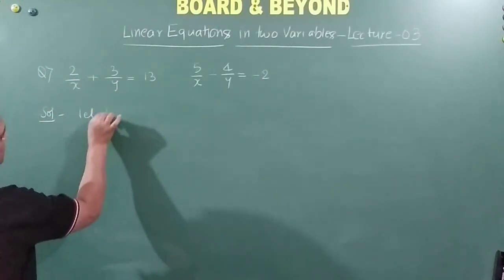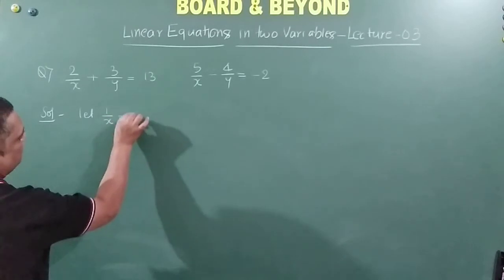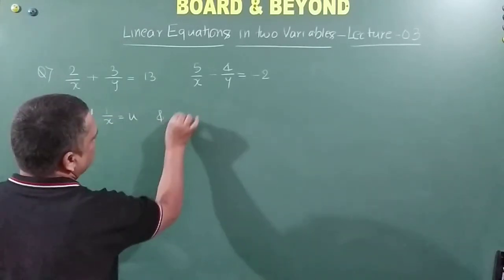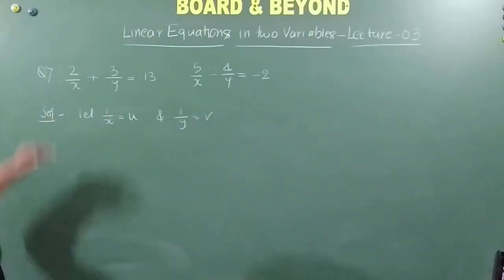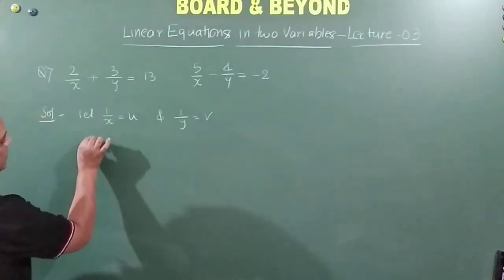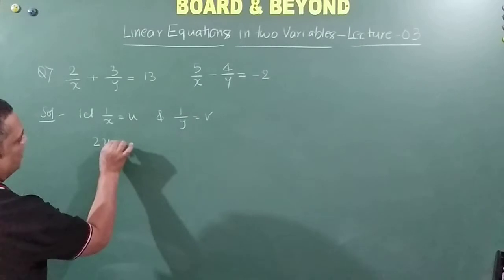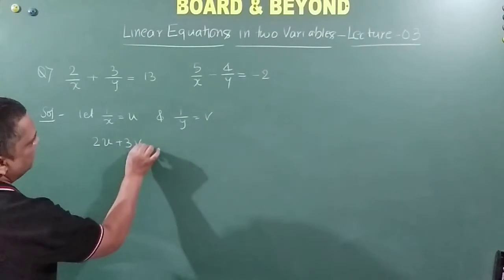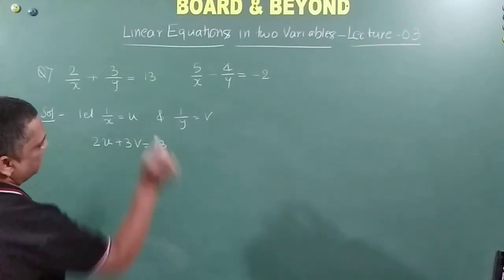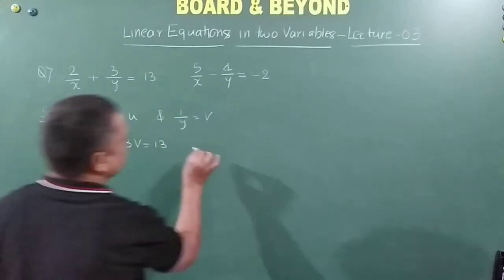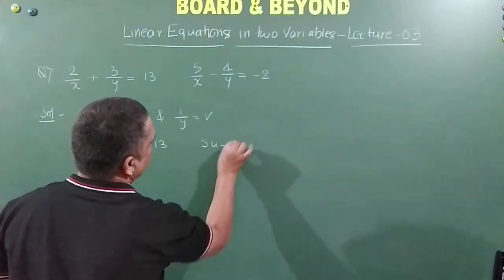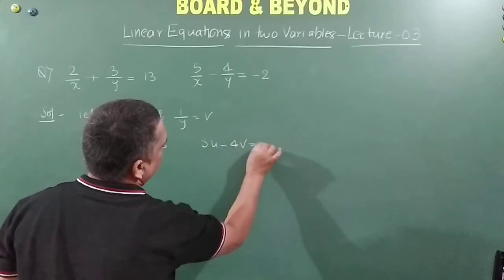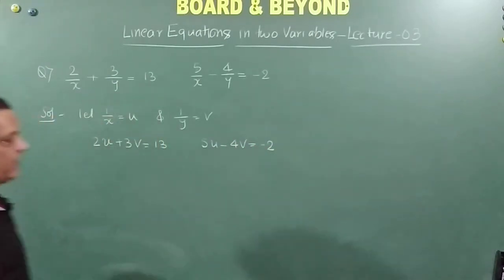So let 1 by x is equal to u and 1 by y is equal to v. Right? So this equation changes to 2u plus 3v is equal to 13, and this equation gets changed to 5u minus 4v is equal to minus 2. You are getting my point?